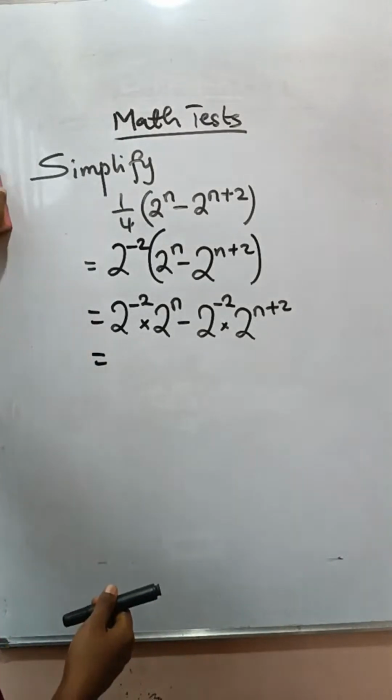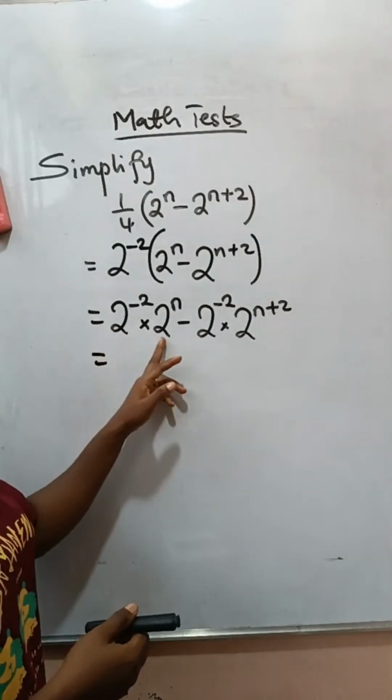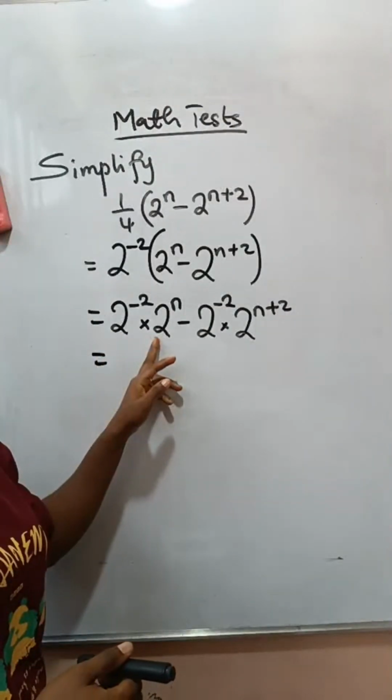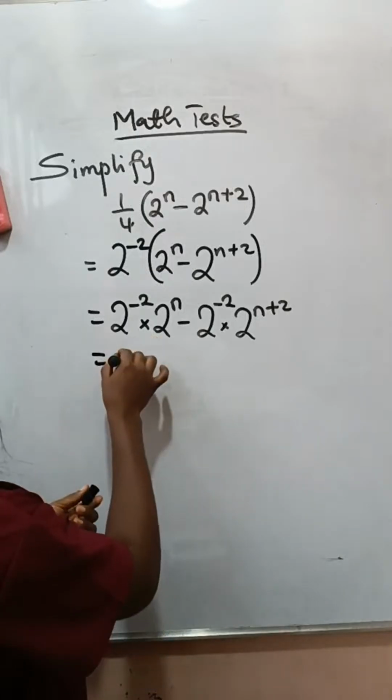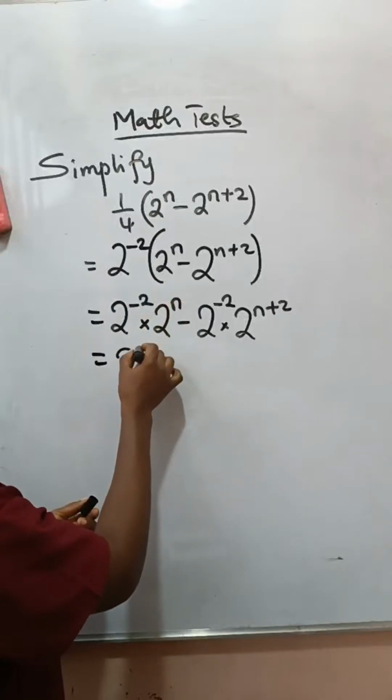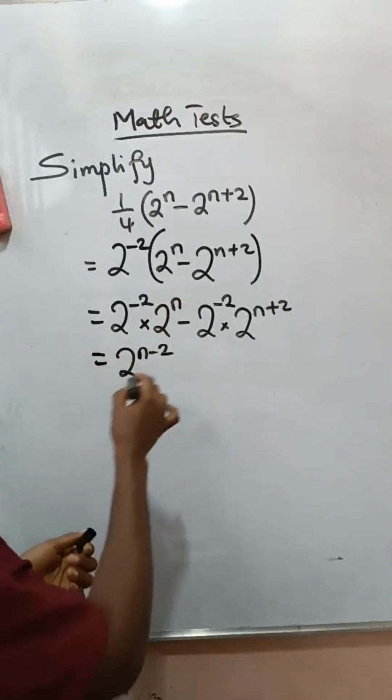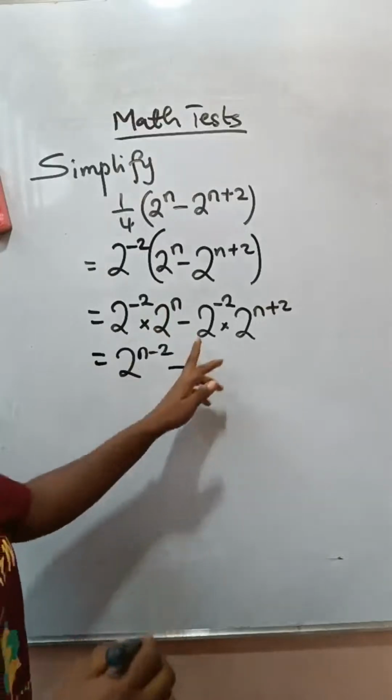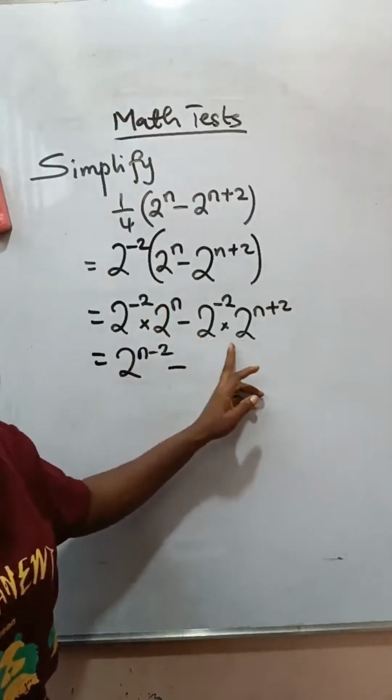That means that we are going to pick one base here, which is 2. We add the powers, so it's going to be minus 2 plus n, which is the same thing as n minus 2.